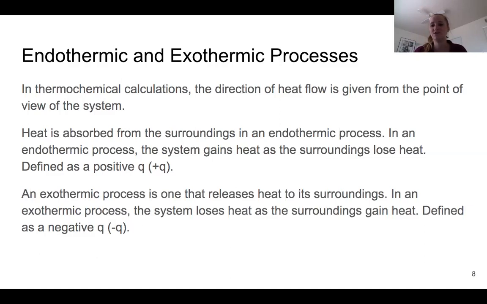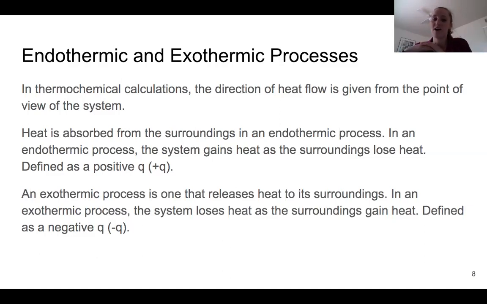It's going into something. So what's happening is that the system is gaining heat, right? So the surroundings is losing heat and the system is gaining heat. So it is literally taking heat from the surroundings and keeping it for itself. So right now, I am a system. We're going to think of me as the system, and the room around me is the surroundings.